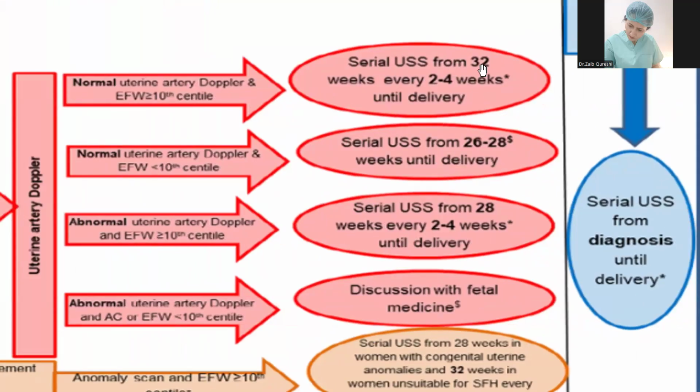See, for the normal one, you will do scanning a bit later, 32 weeks till 40 weeks. Then for the second set of women, you will start monitoring a little bit early, 26 to 28 weeks until delivery. Then if there is abnormal uterine artery Doppler, you will start it from 28 weeks every 2 to 4 weeks until delivery.